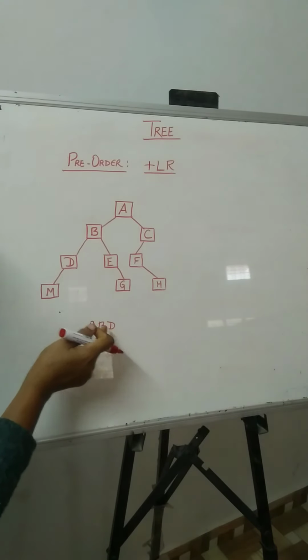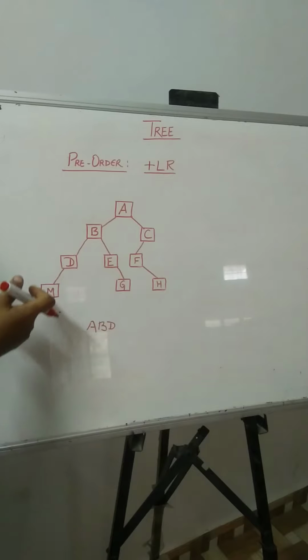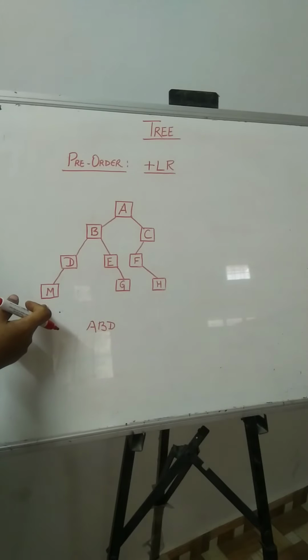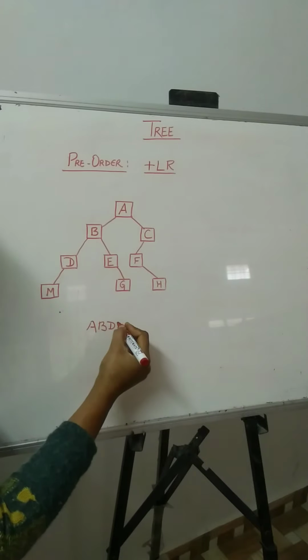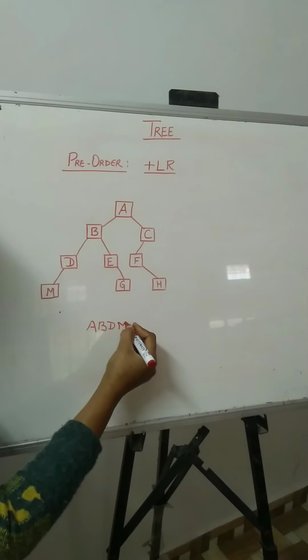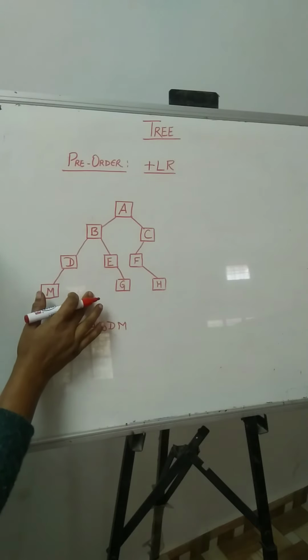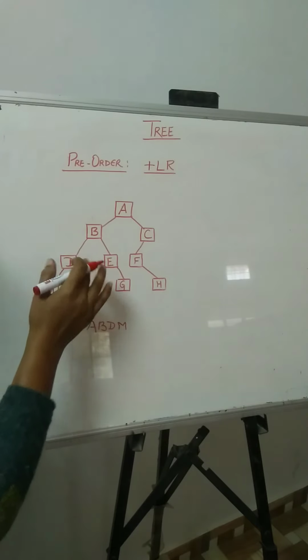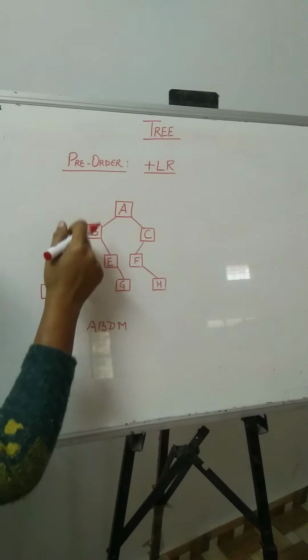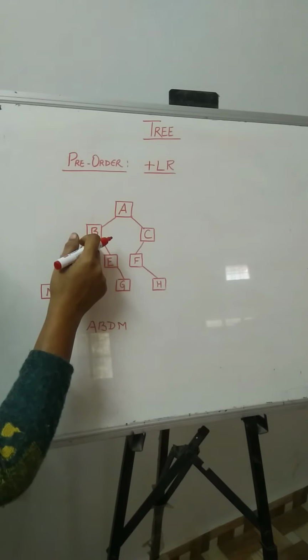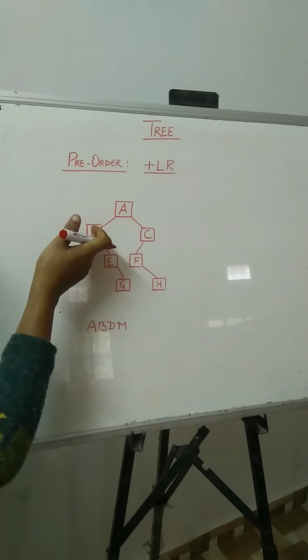So firstly we write the root, then move to the left side of the root node, that is M. Okay, M, left side. So here we write M. Then we move to the right side of D node. Here there is no element. So we move to the next node, that is B.